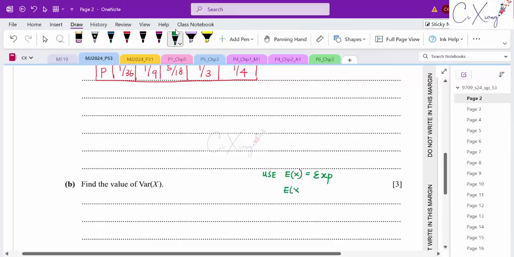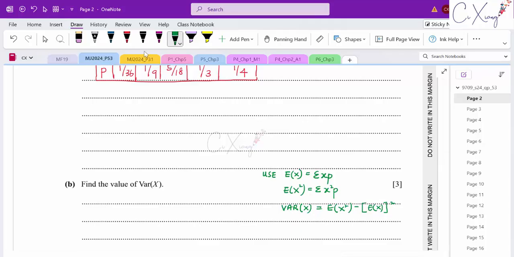Second, I need to get the expected value of x squared, which is the summation of x squared multiplied with the p. Then only followed by the variance of x, which is the expected value of x squared minus the mean square. Generally I separate into 3 different steps here. Alright, so let us start.